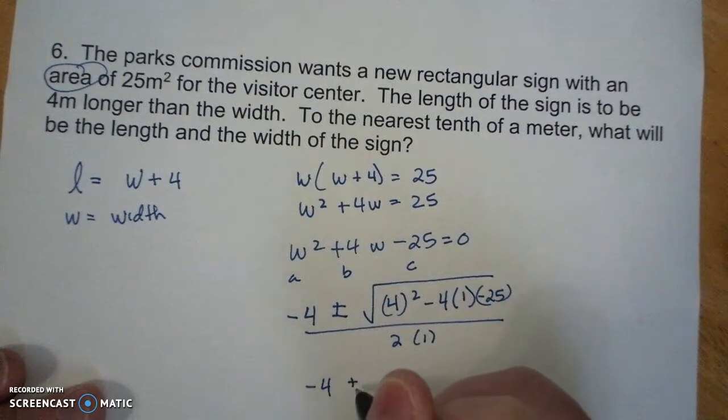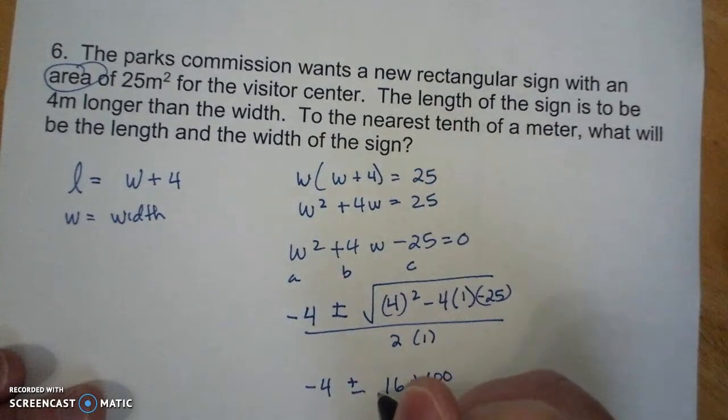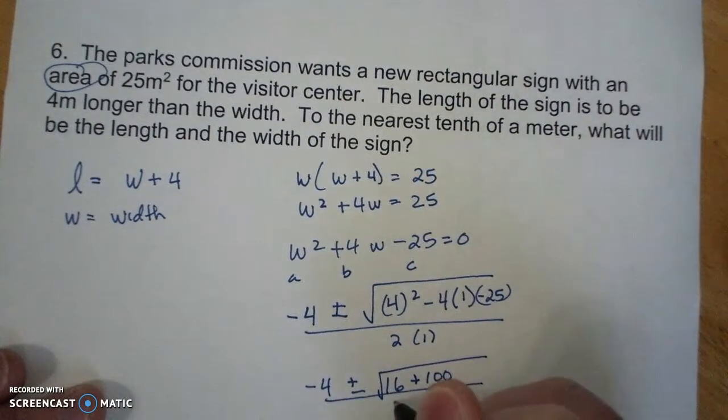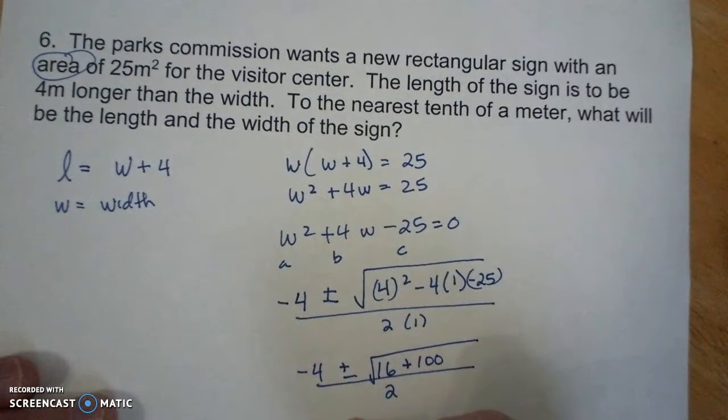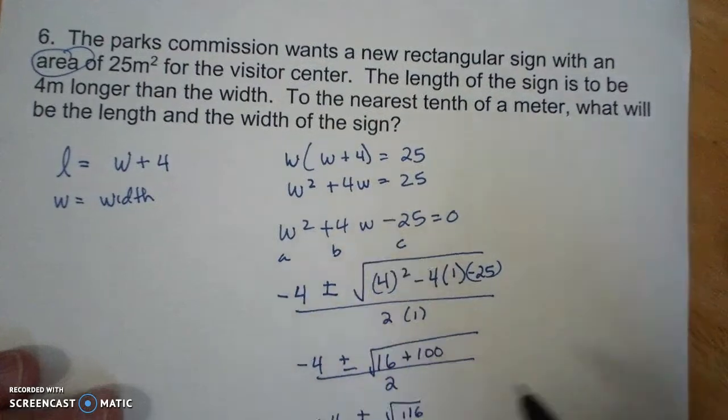Negative 4 plus or minus square root of 16 plus 100 all over 2. Negative 4 plus or minus square root of 116 over 2.